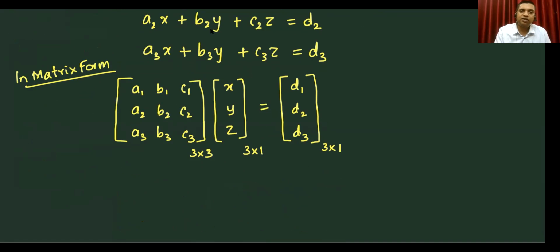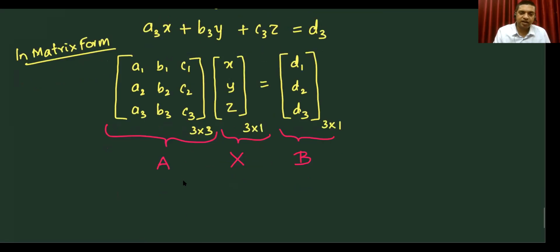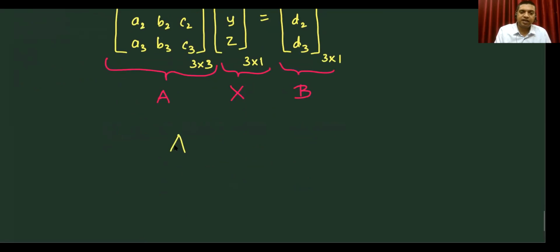We will call this matrix A, this matrix X, and this matrix capital B. So we have matrix A times X is equal to B.